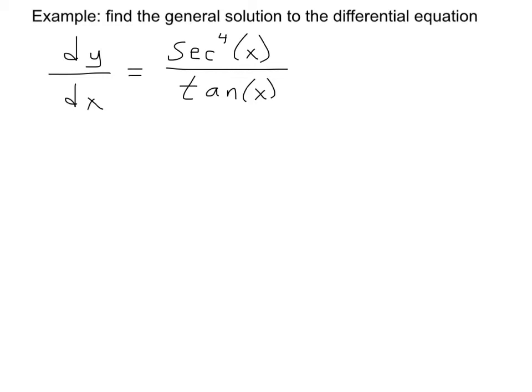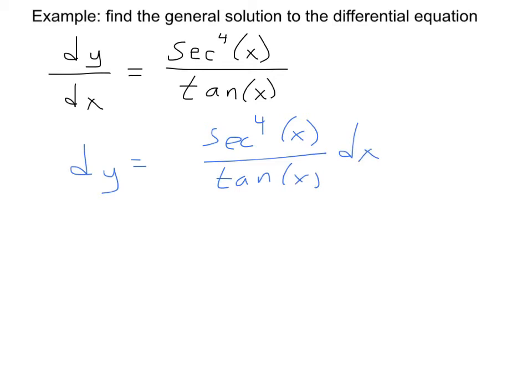So, not surprisingly, we have our dy, we have our secant squared x, secant to the 4th x over tangent x dx. We're integrating both sides, so we have y equals, now when we have an even power of secant, we reserve secant squared x dx.